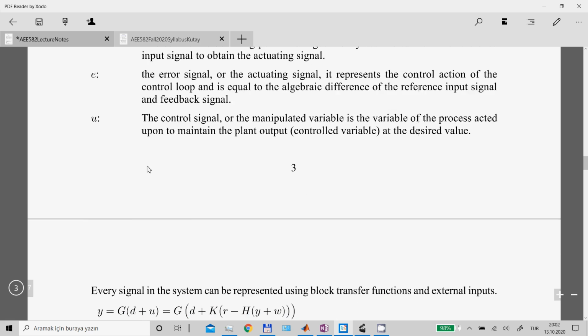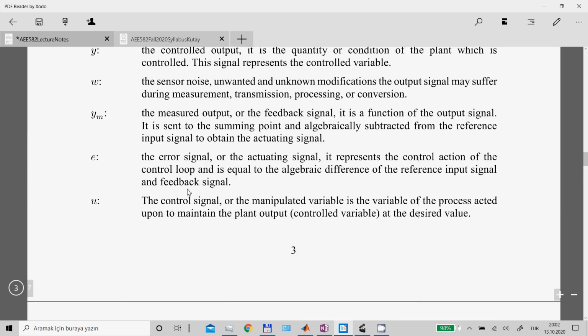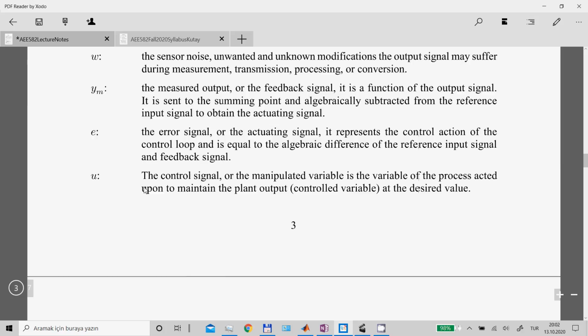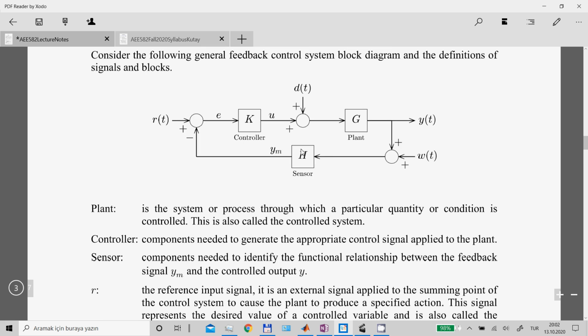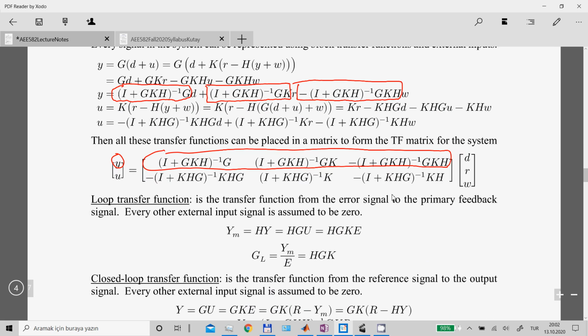Well, we can define an additional output to the system, and here we choose the control signal as an additional output. Control signal is here, so I can consider this as a second output for my system, and I can just repeat the same procedure and obtain the transfer functions from these input signals to that output. If you do that, you should get these transfer functions.